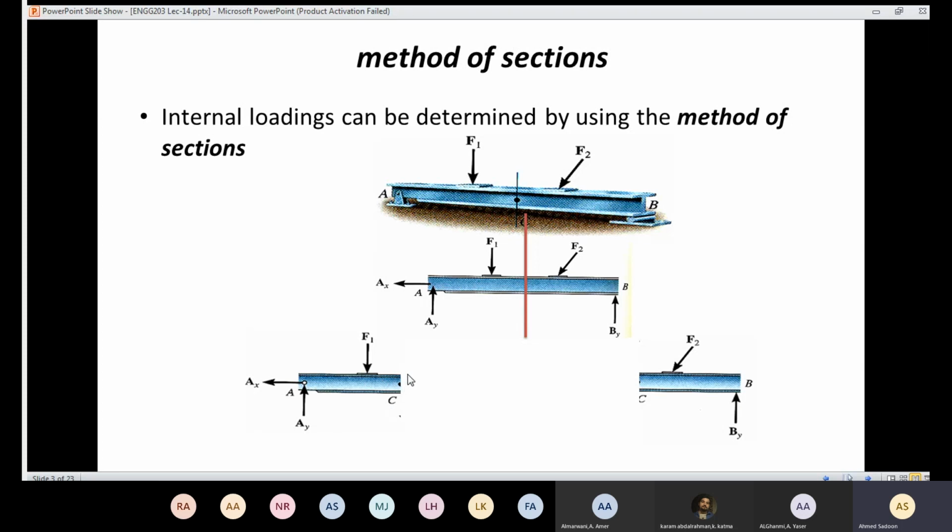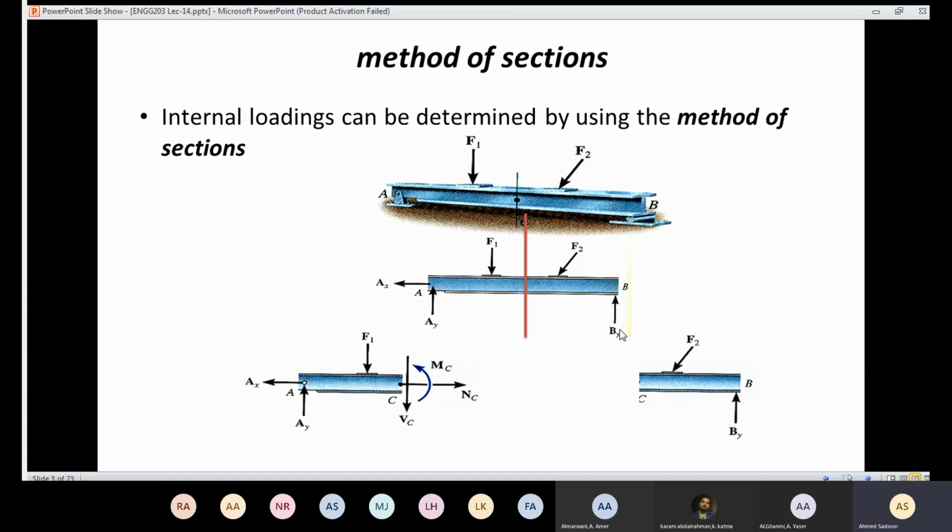So I'm going to compensate for the cut here by putting internal forces. So I'm going to have a force perpendicular to the section and another force tangent to the section, and I'm going to have a couple moment. Those forces are going to compensate for the internal forces here.